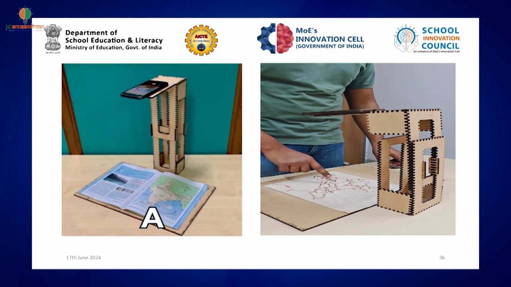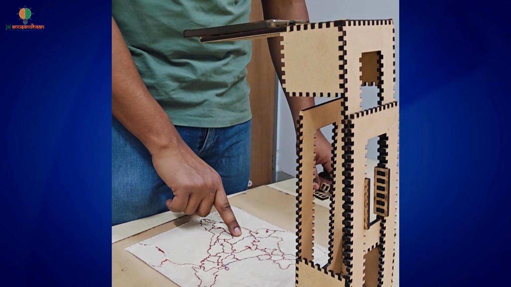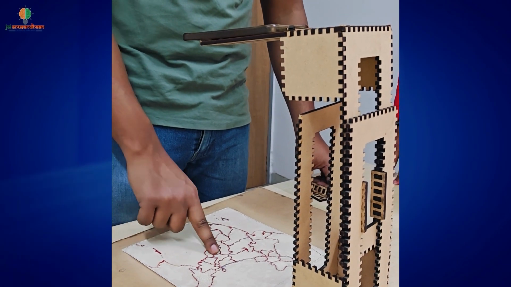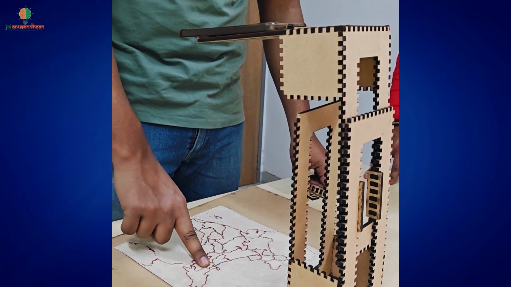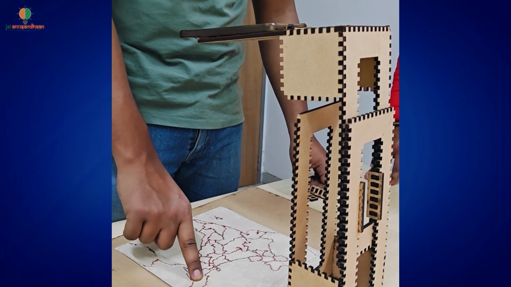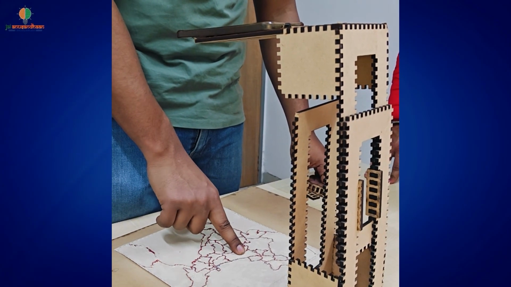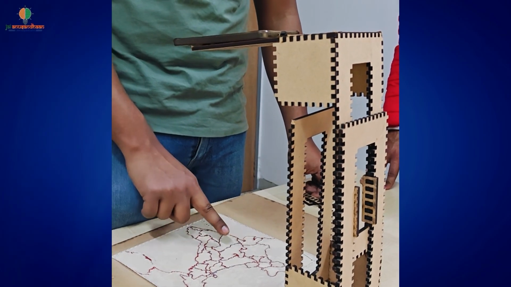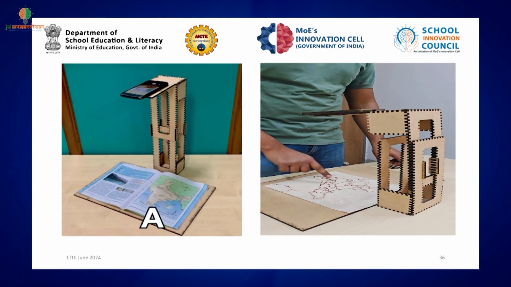Here the participant moves their finger, and the smartphone using its camera reads where the finger is and then gives audio feedback telling the name of the state, the name of the crops grown in that state, etc. The stand has been made using laser cutting with wooden ply material.